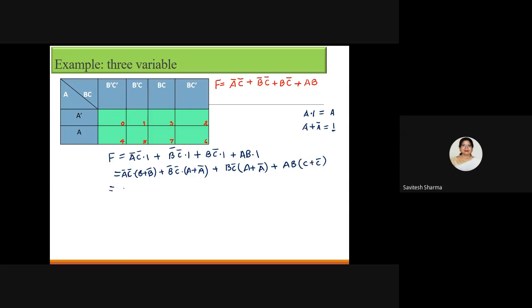So I am telling you how to convert a standard form into the canonical form, and then you just do simple algebra, straightforward. I am writing in sequence. If you are multiplying, it is A complement B. I am just multiplying and writing in this sequence only.